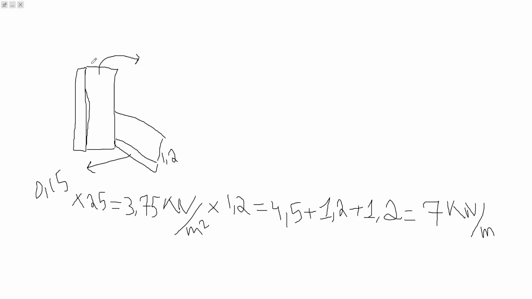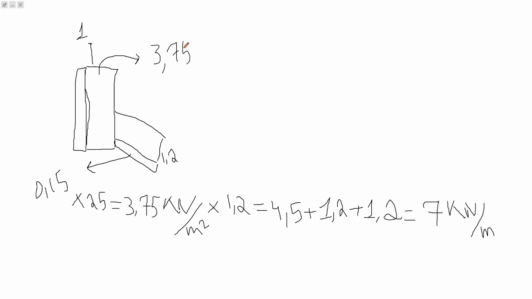To do that, the width of our landing slab is, I consider, 1 meter, and the thickness of this slab is 0.15, and we have to multiply 0.15 into 25 into 1, which is 3.75.